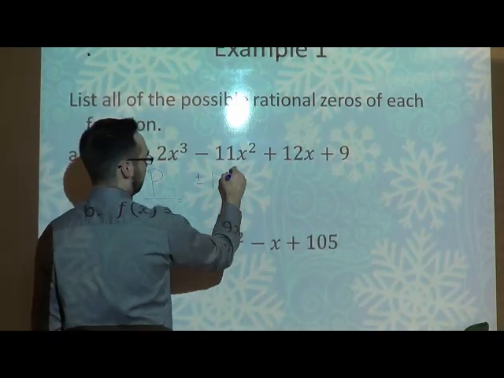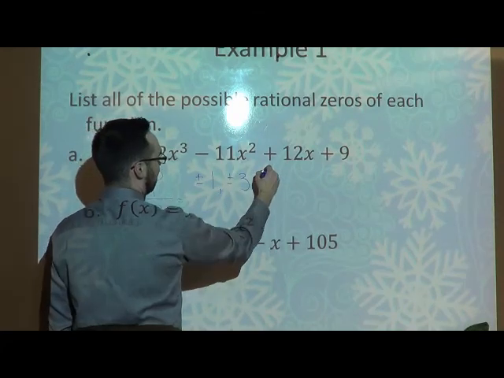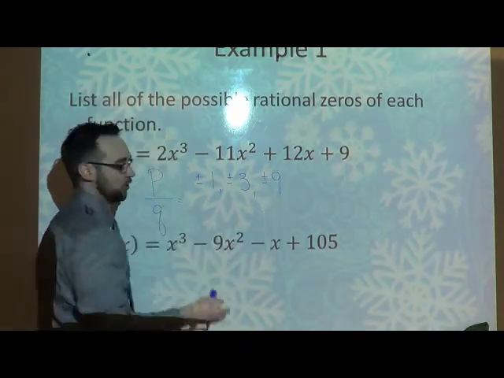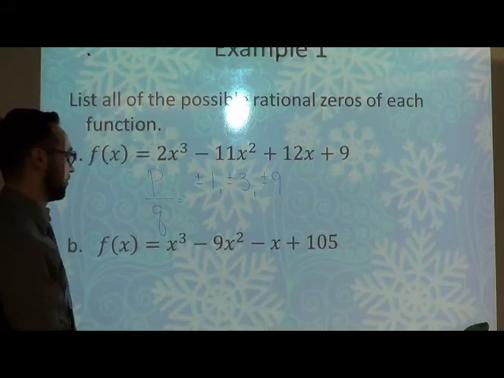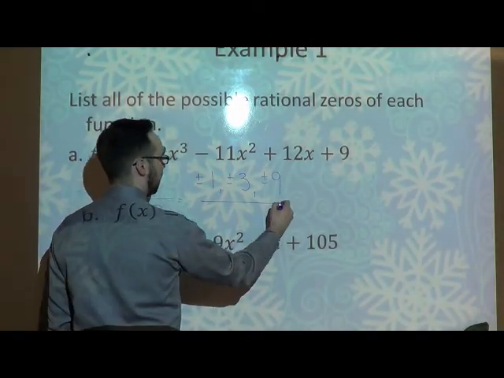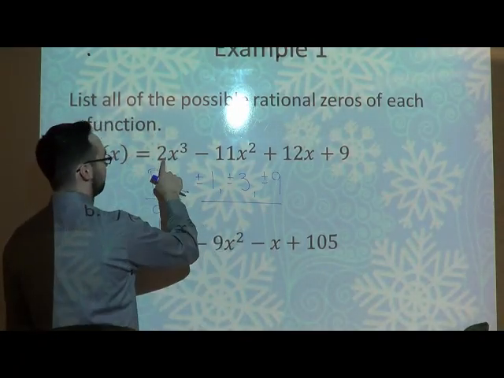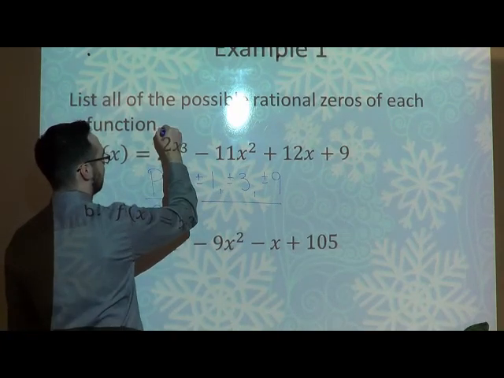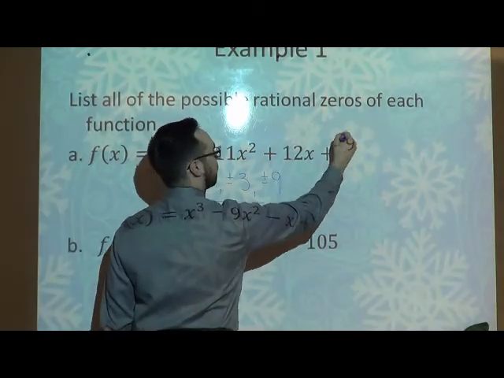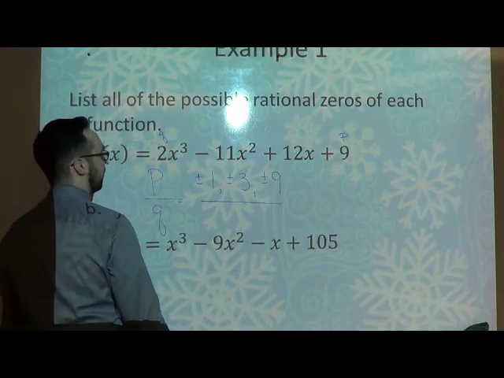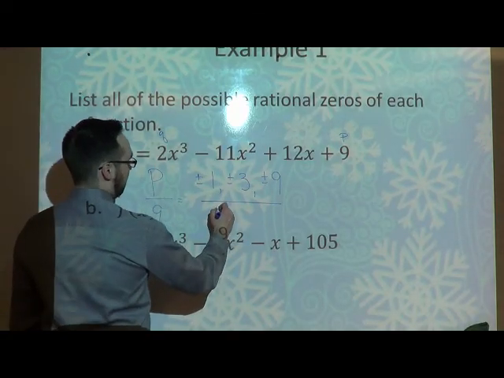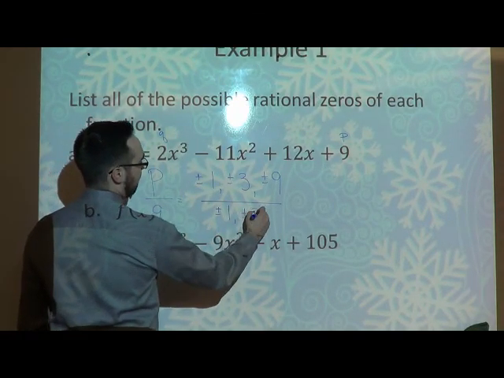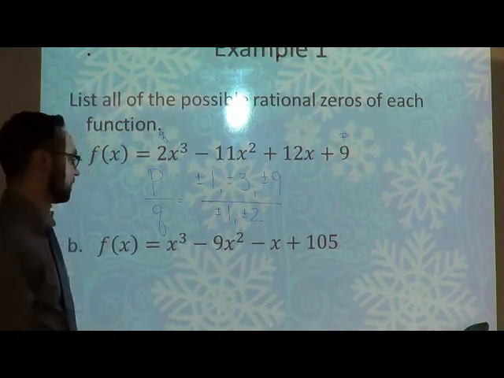That would be plus or minus 1, plus or minus 3, and plus or minus 9, because 1, 3, and 9 are all factors of 9. Then the denominator is all the factors of the leading coefficient. So this is where the q comes from, and this is where p comes from. And so that would be plus or minus 1, plus or minus 2, because it could be positive or negative.